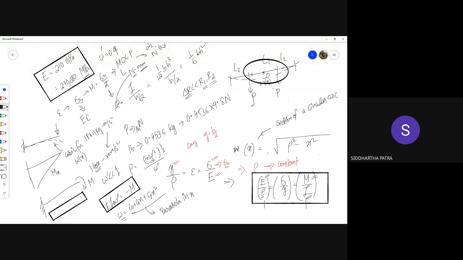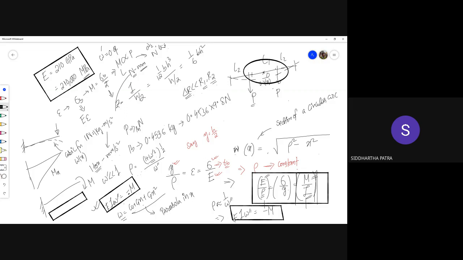Now we make an approximation with this negligible quantity when we finally write this equation of deflection. First of all, a negative sign comes here, which is explained later, because this quantity, radius of curvature, is always greater than 0. So this basically means this equals the absolute value of M divided by I. And later, on a little analysis, it is found that it is actually negative. And if you substitute rho equals approximately 1 by W double prime, you get this expression EI W double prime equals plus or minus M, whatever.